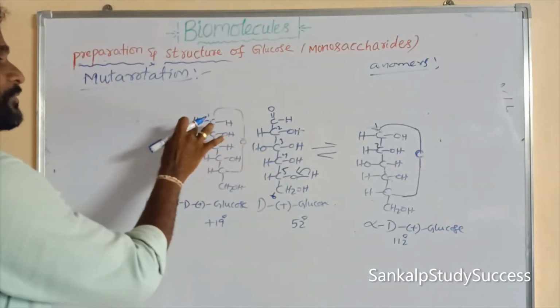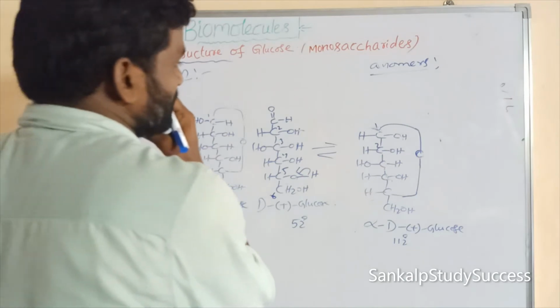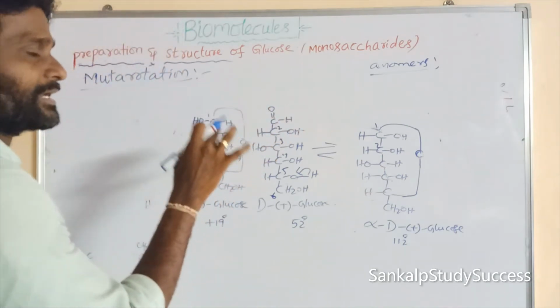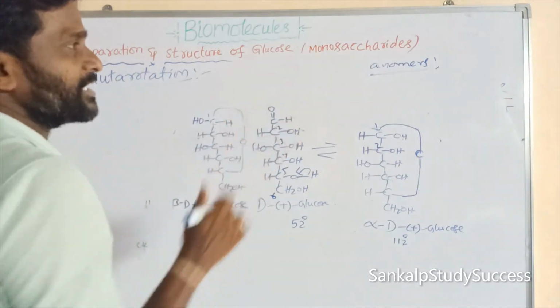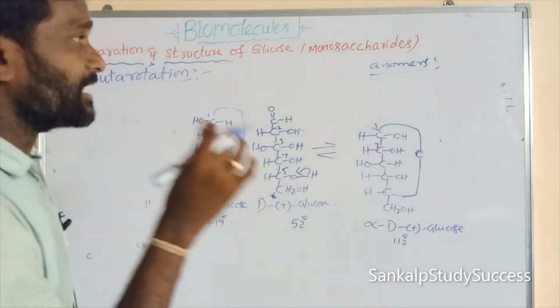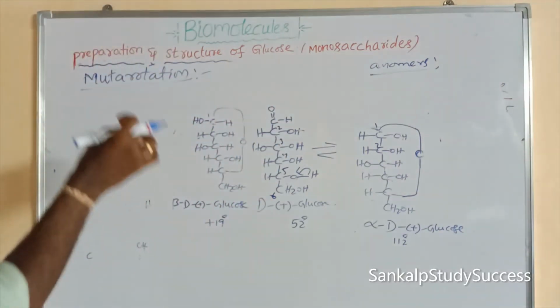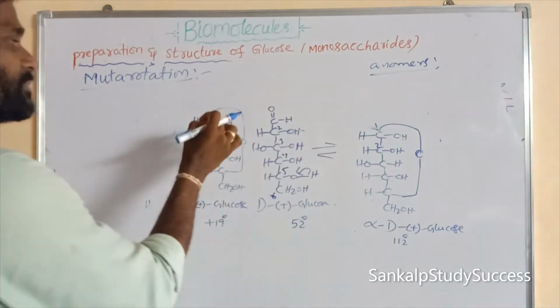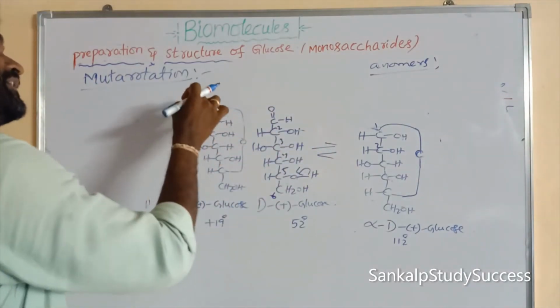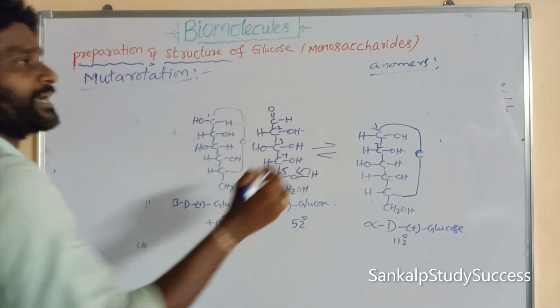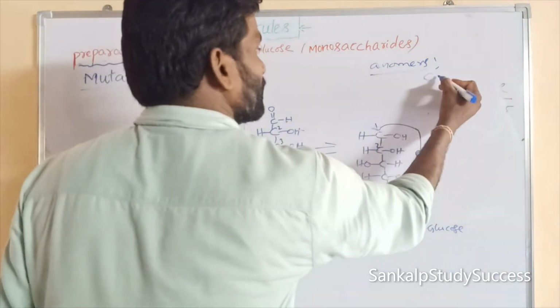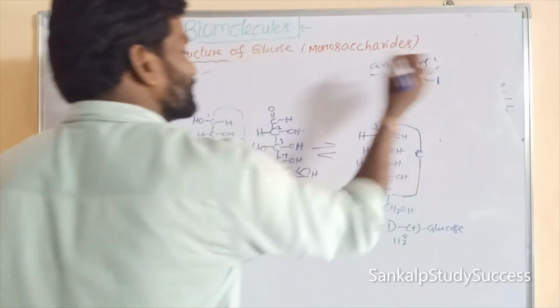In beta glucose, the OH is present on the left side. That means these two isomers differ in configuration of OH at the first carbon, so these are said to be anomers. Anomers are the isomers which differ in configuration of OH at the first carbon.